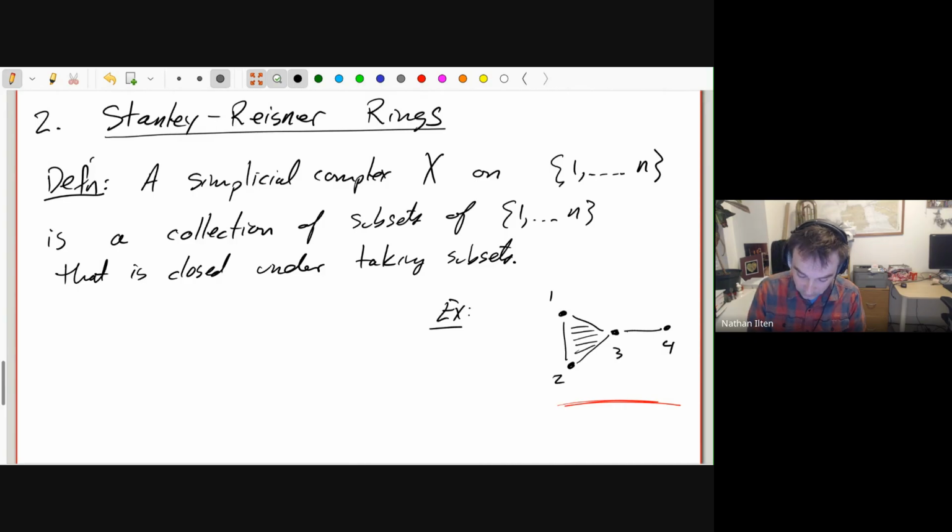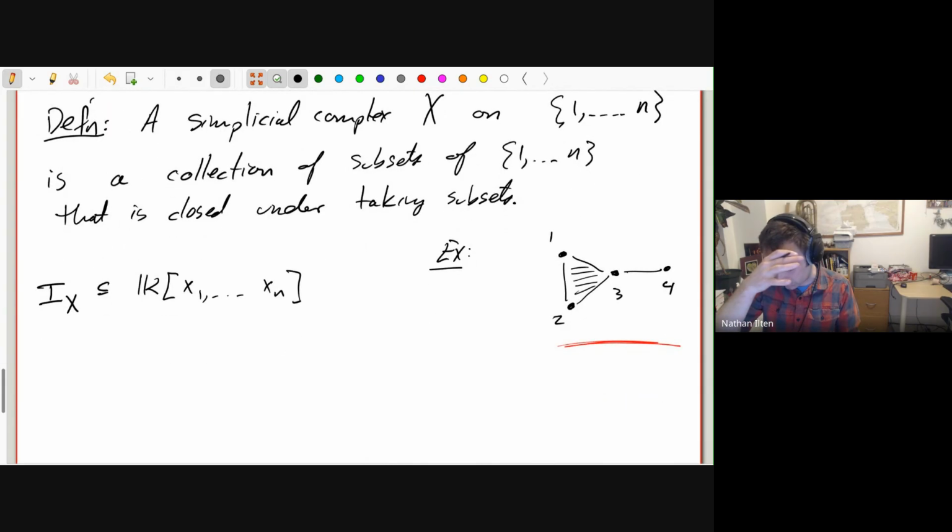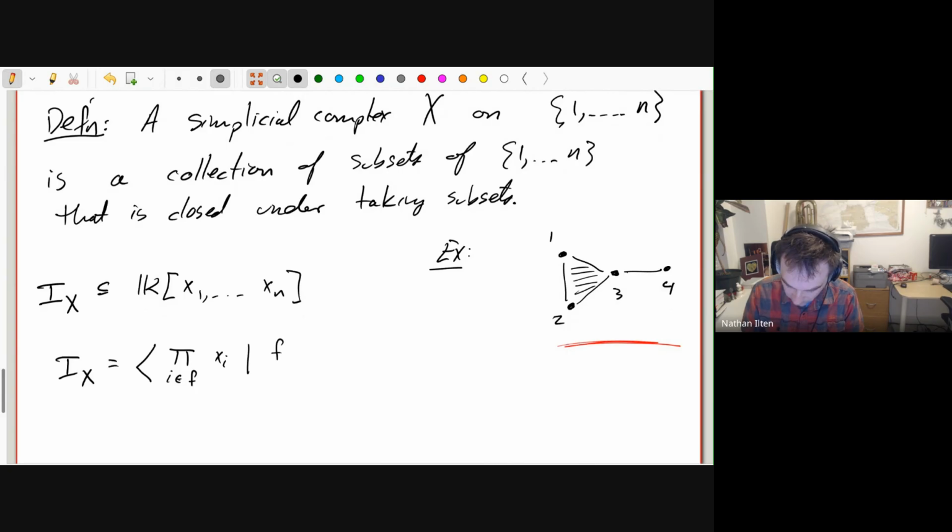And so given a simplicial complex X, we can form what's called the Stanley-Reisner ideal. So I'll denote this by I_X. So this is going to be an ideal in the polynomial ring over K with one variable corresponding to each element in my vertex set. And so what are generators for this ideal? This is going to be generated by certain products of the variables. So here I'm taking the product over i in F of x_i, and what's F? So F is some subset of my set 1 up to n.